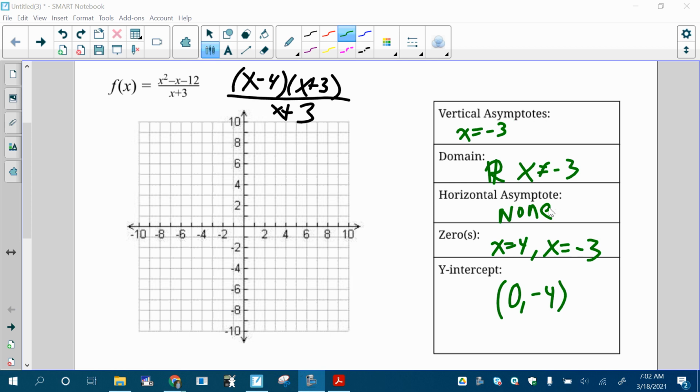I don't have a horizontal asymptote because the degree in my numerator is one more than the degree of the denominator. My zeros are when the numerator equals 0, at positive 4 and negative 3. And to figure out the y-intercept, I plugged in 0 and got negative 12 divided by 3, which is negative 4.